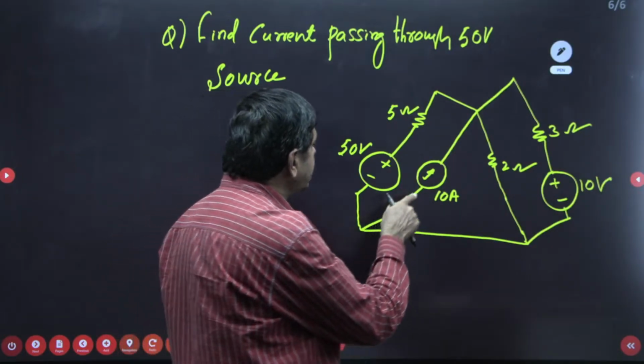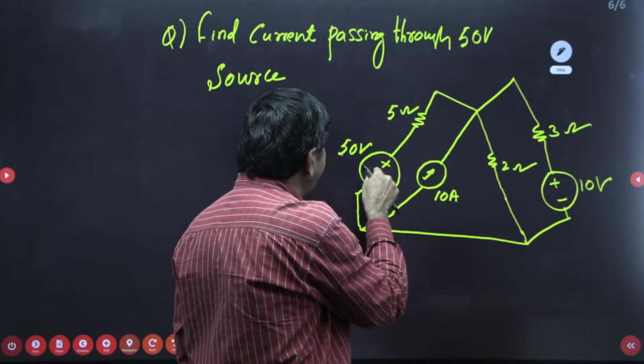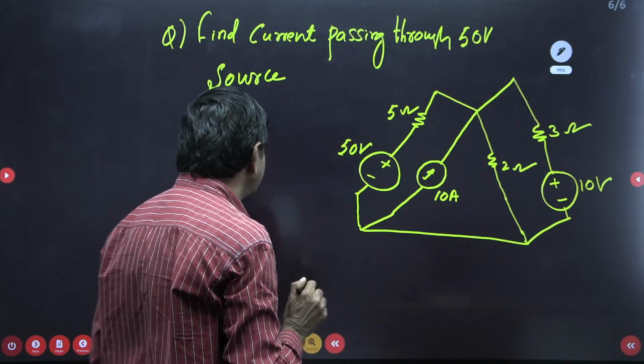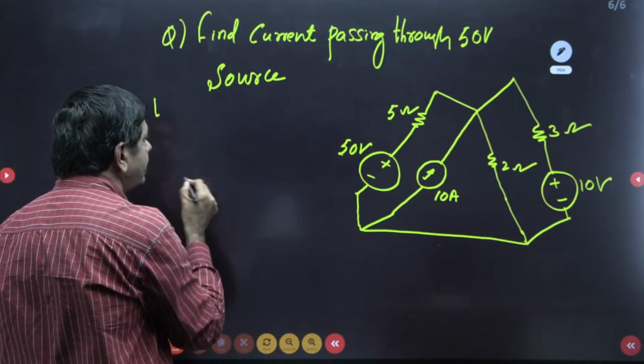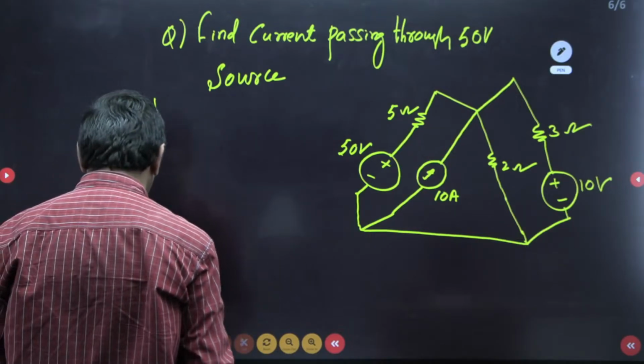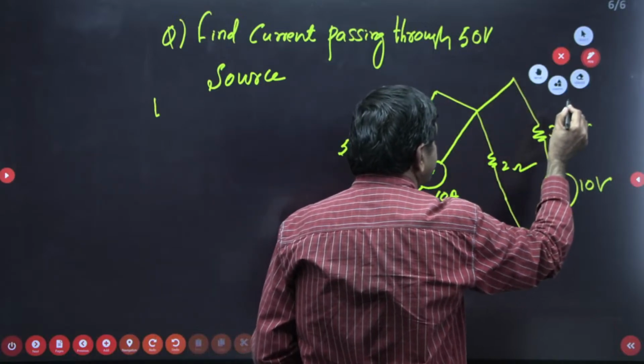The current source is given here, and the 50 volts and 5 ohms are connected. These two I want to connect as they are. I will draw it on the next page.